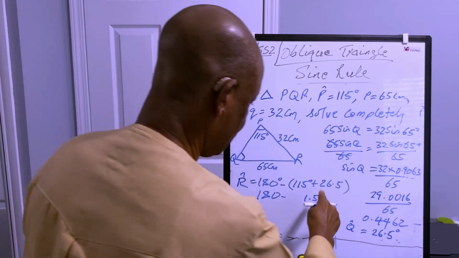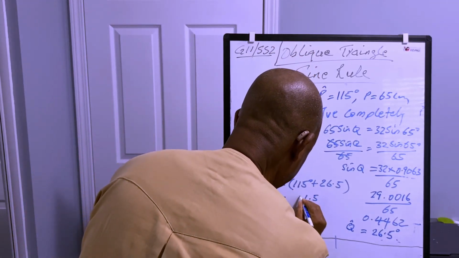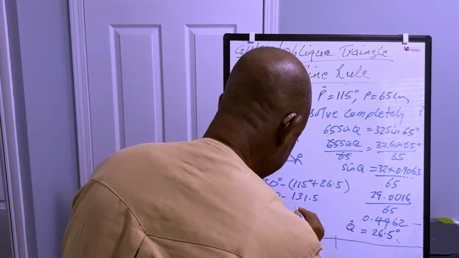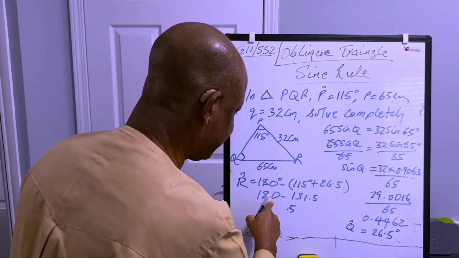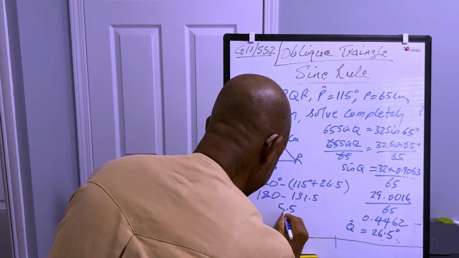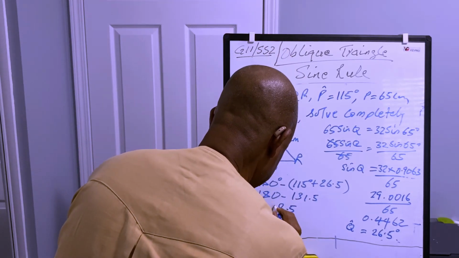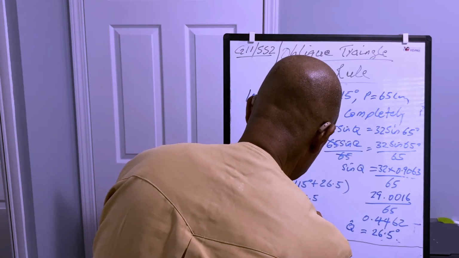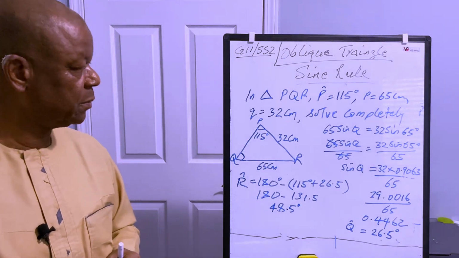Carry 1. 1 plus 1 is 2. 2 plus 1 is 3. And that's 1. When we subtract that, it will give us 5. This remains 9. 9 minus 1 is 8. This remains 7. 7 minus 3 is 4. So it is 38.5 degrees. We have found the third angle.